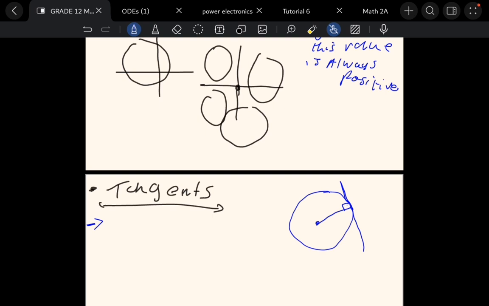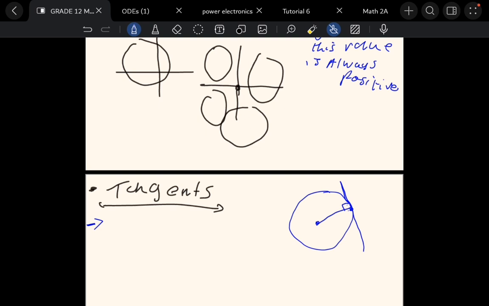The radius is always perpendicular to the tangent.